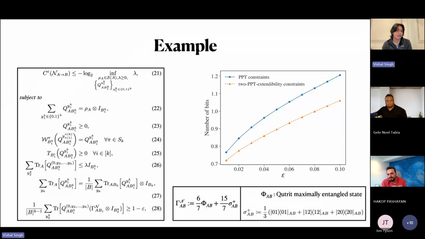Actually, we have looked into this problem of extending Alice as well, but the SDP becomes very large very quickly. Indeed, it does give an advantage over just extending Bob. So definitely that is something that we want to look at, but computationally it becomes very difficult to deal with.